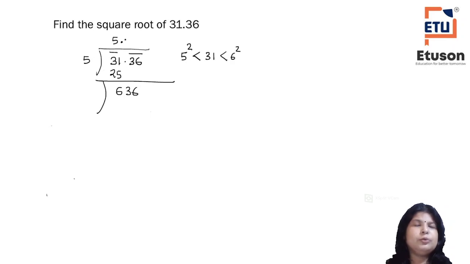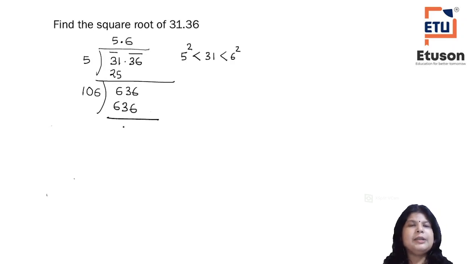Look for the new divisor, that is 5 plus 5 equal to 10. Now search for a number which, when multiplied with the new number, will give you a number less than or equal to 636. So in this case if you take 6, your problem will be solved. So 106, you have to put this 6 here also. 106 into 6 is nothing but equal to 636 and you are getting remainder equal to 0.